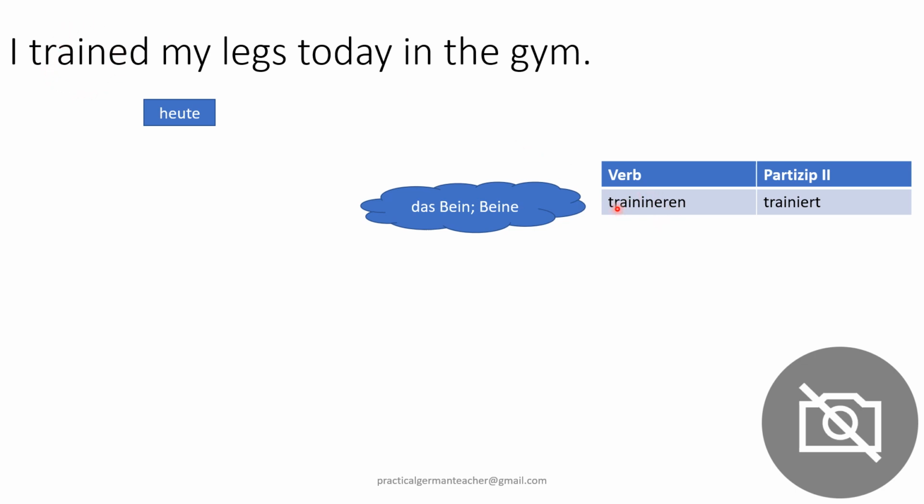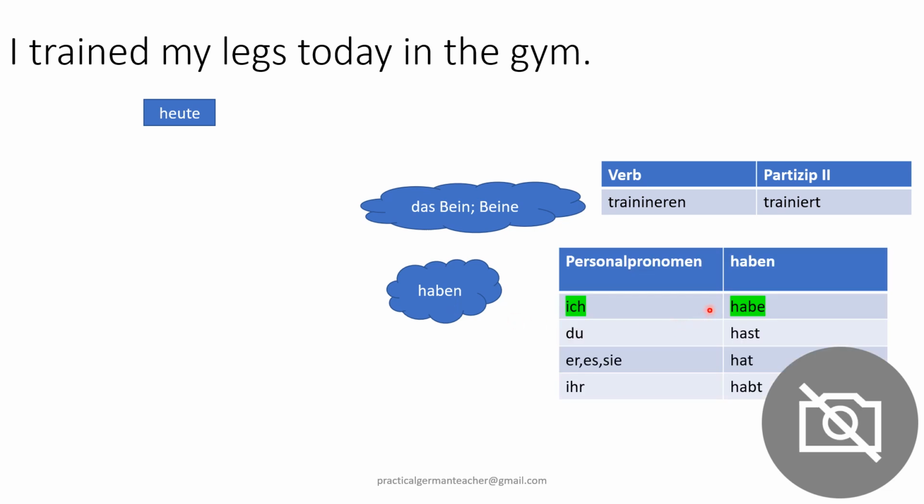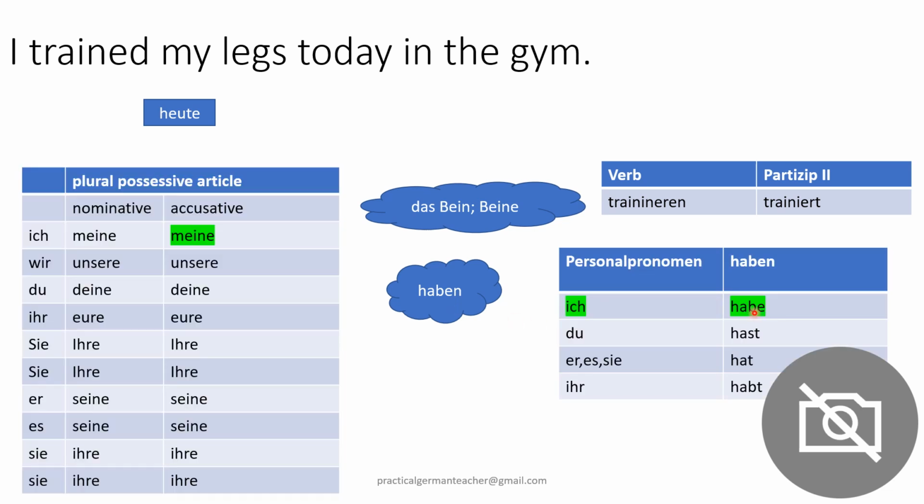And as I was telling you, you need to know the verb for to train, which is trainieren. But the sentence is based in past, and we will write in past with the help of Partizip 2 instead of Präteritum. So trainieren becomes trainiert. Also, you will need the helping verb. So here the helping verb that is appropriate is haben, and its conjugation table, of course. And also here we are using the possessive article my. So here it will be meine, plural.